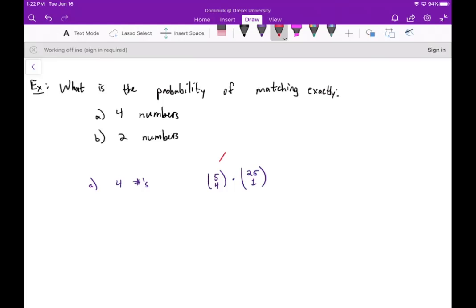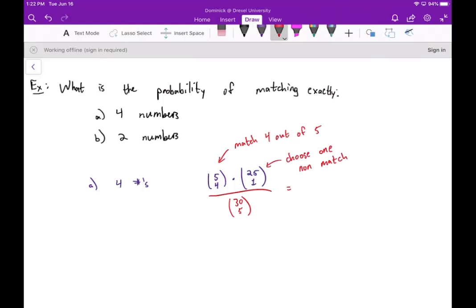So this is match 4 of 5, and this is choose one non-winner, one non-match. And of course, this would be over our 30 choose 5 again.